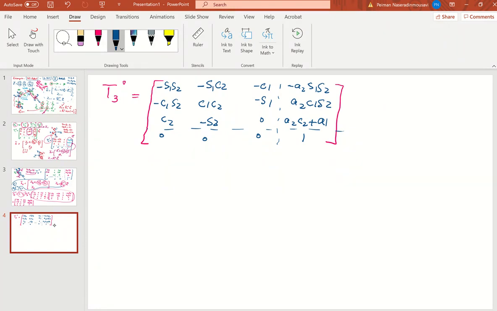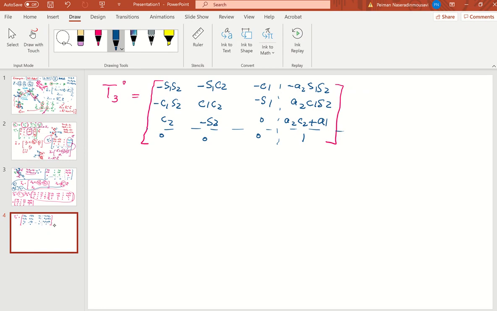Minus sine theta 2, 0, 0, 0, minus sine 1, cosine theta 2, 0, 0, 0, 0, 0, minus cosine theta 1, 0, minus A2 sine 1 sine 2. That's it. Now this one: minus cosine 1 sine theta 2, 0, 0, 0, cosine theta 2, 0, 0, 0, 0, 0, minus sine theta 1.